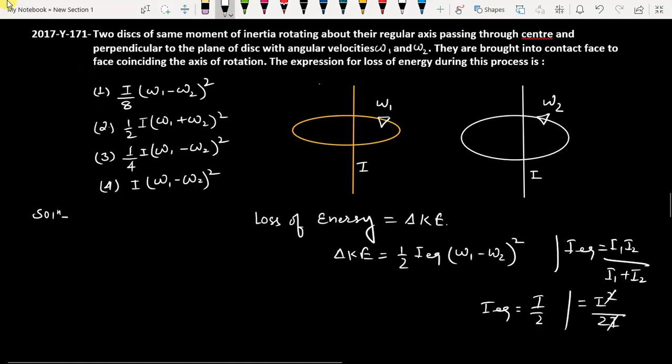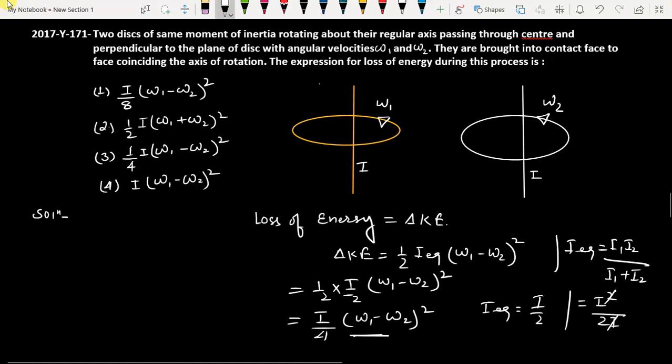So when you put it here, this is half into I by 2 into omega 1 minus omega 2 whole square, right? So this will be basically I by 4 into omega 1 minus omega 2 whole square, right?